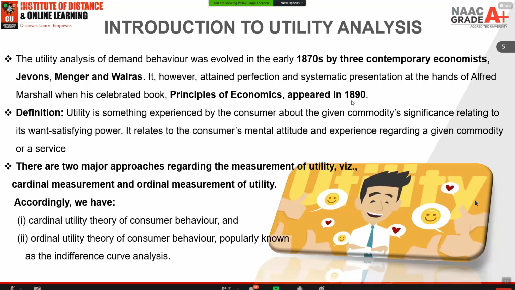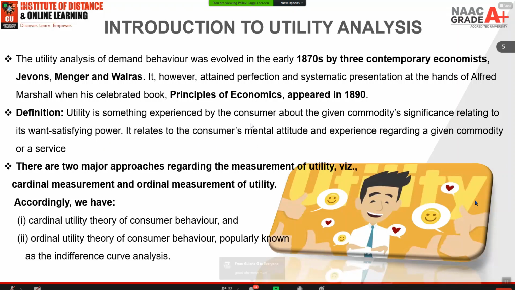So first of all, let's understand what utility is. The utility concept is related to the consumer. A consumer is an economic agent who basically uses what? Goods and services for his direct satisfaction. Right? For example, you consume a cup of tea, and after that you get satisfaction. This satisfaction is called what? Utility. Utility is something experienced by the consumer about a given commodity, relating to its want-satisfying power.